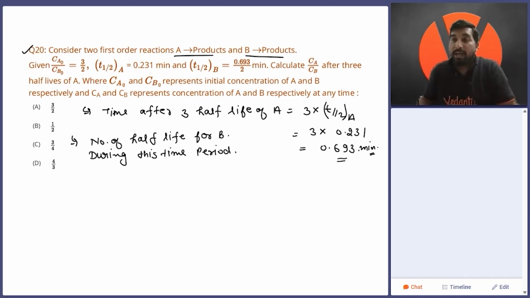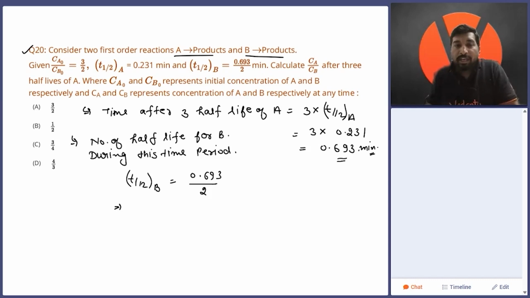So how many half-life of B will be spent during this time? As you know, T half of B is equal to 0.693 upon 2. We can write from here 2 into T half of B is equal to 0.693.